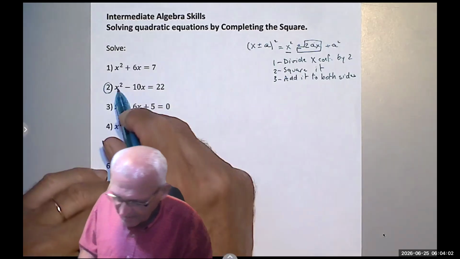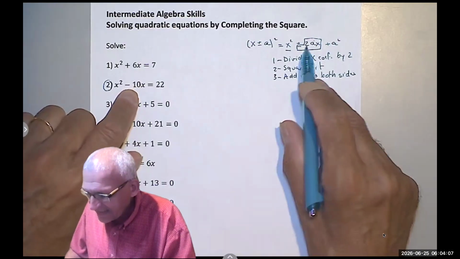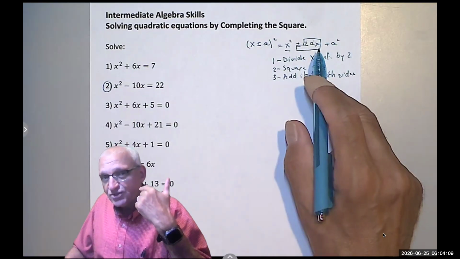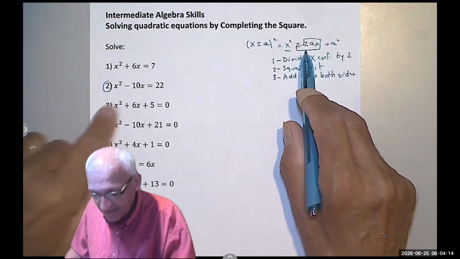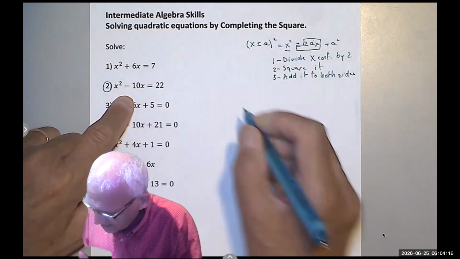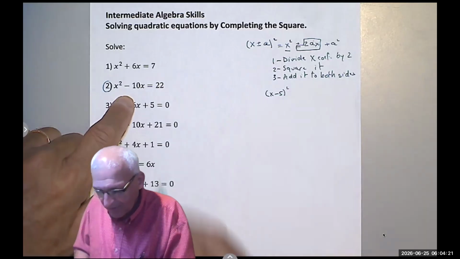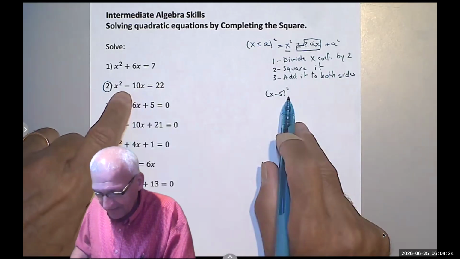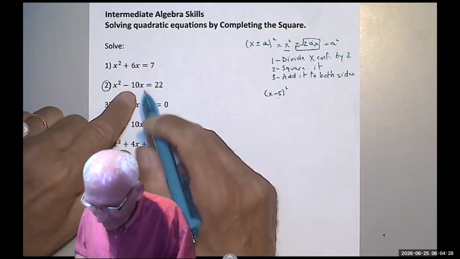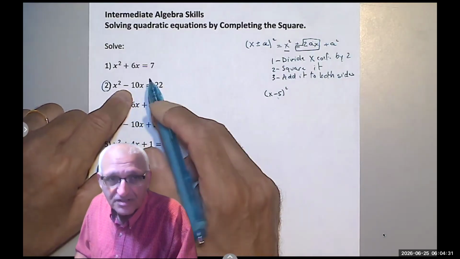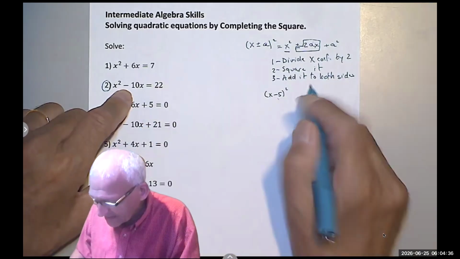So when I look here, I see x squared minus 10x. The negative 10 here is negative 2a. So if I divide it by 2, it would become negative a, which is negative 5. So eventually, I know that the left-hand side would be x minus 5 squared, right? Again, when I divide the negative 10 by 2, it's negative 5. Doesn't matter if it's positive or negative because we are going to square it.